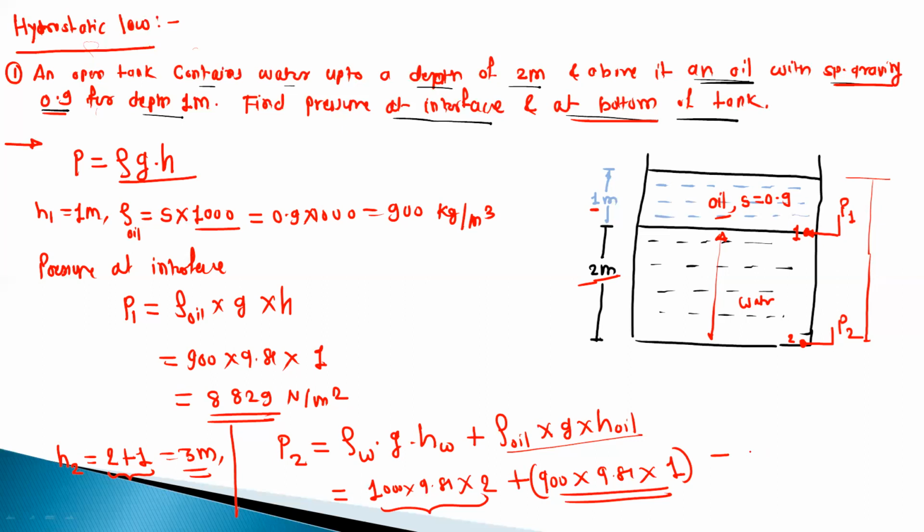So this total answer is equal to 19,620 plus 8,829. So this is the total pressure at the point 2. Okay, so this is the P2 value. So this is how you can find out the pressure in a container for the static fluid having two different fluids.